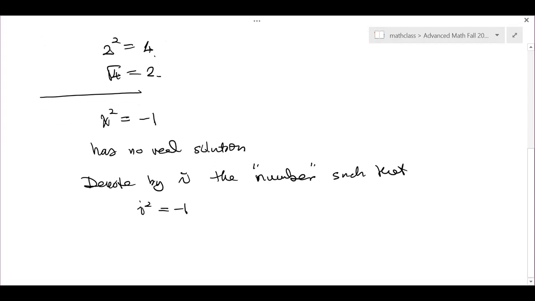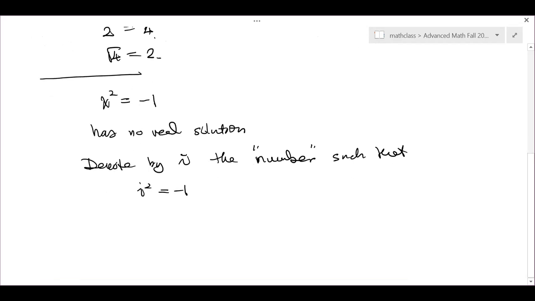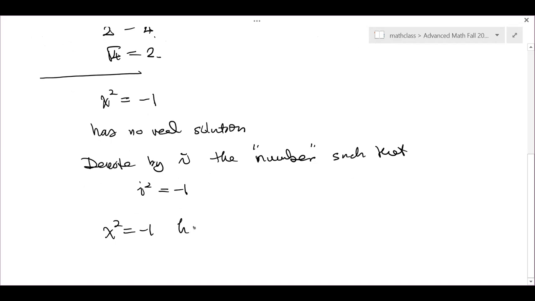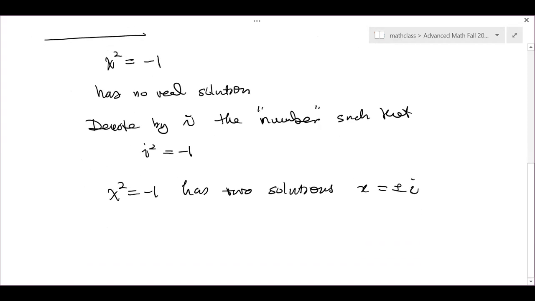Then x squared equals -1 has two solutions: x equals plus minus i.